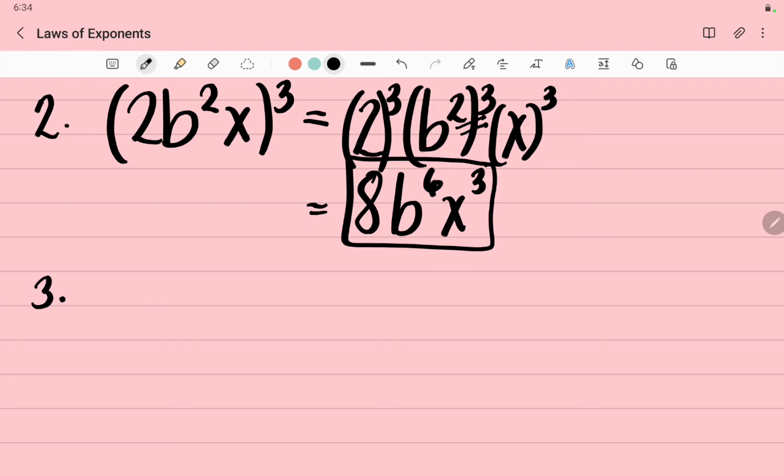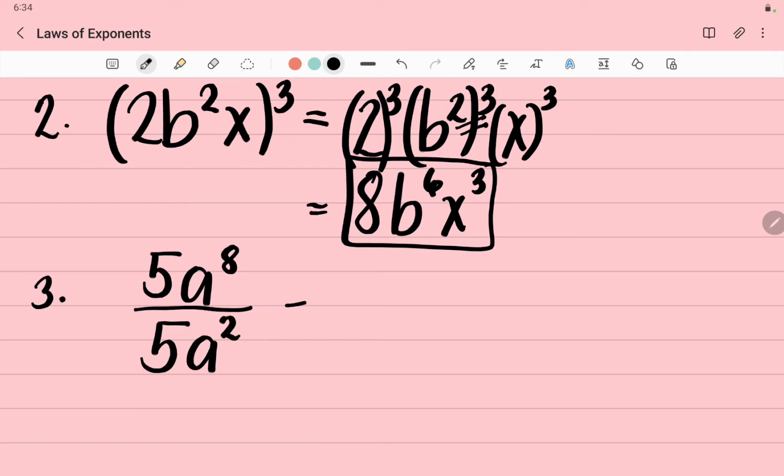How about number 3? May we have 5a raised to 8 over 5a raised to 2. Okay, what is 5 divided by 5? 1. So, let's proceed to a. Since a raised to 8 and a squared have the same bases, just copy a and then subtract the exponents.